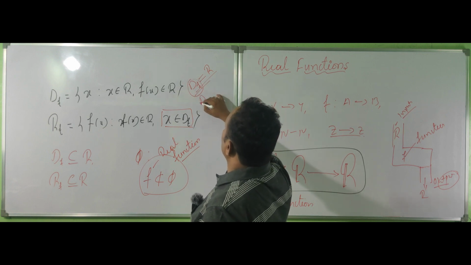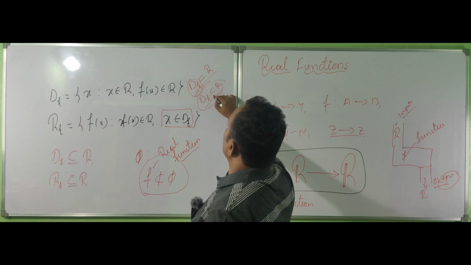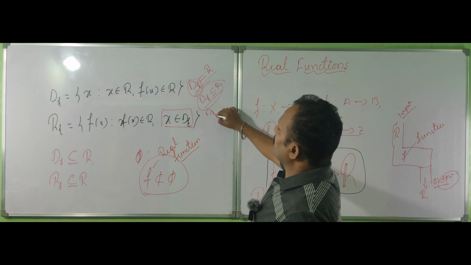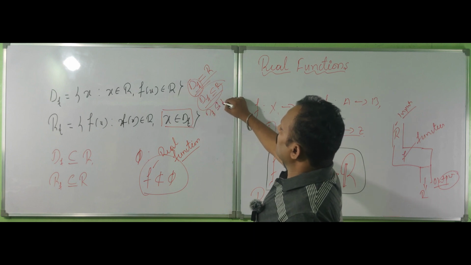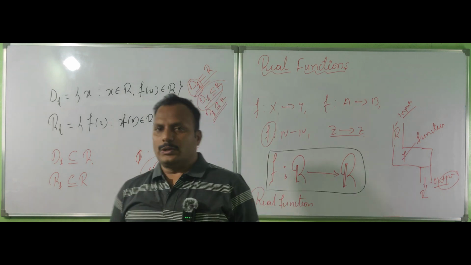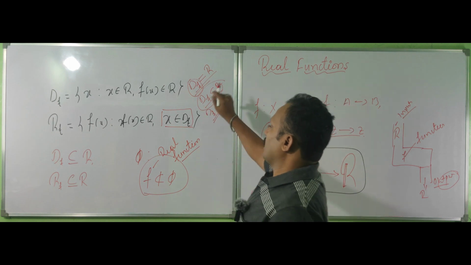It may or may not become R. It means we don't need any other subsets if the domain is R.